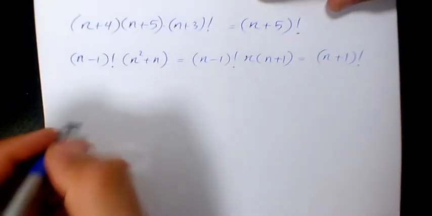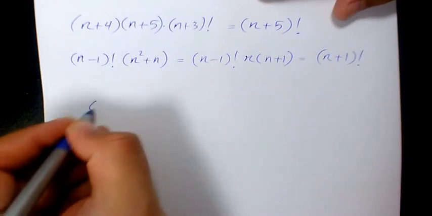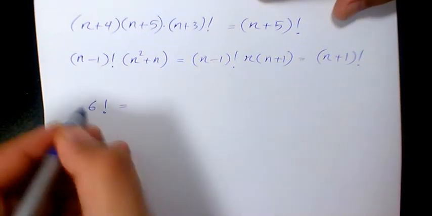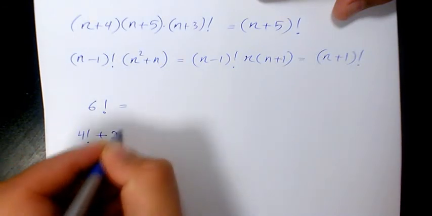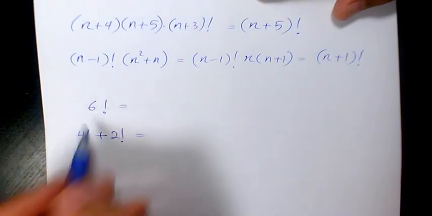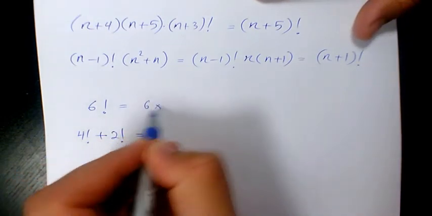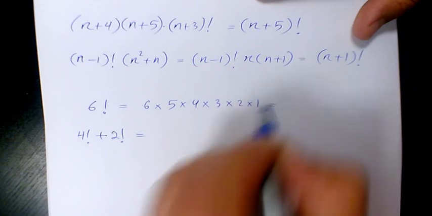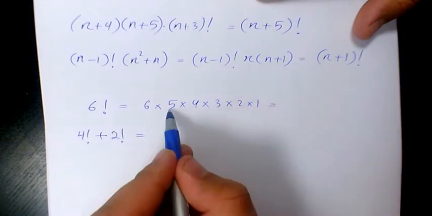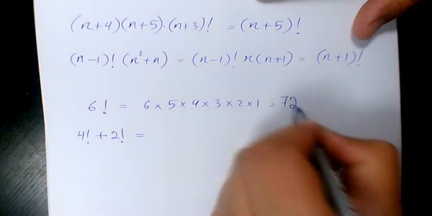Next example that I want to show you, 6 factorial is different from 4 factorial plus 2 factorial. You must know it by now, but 6 factorial is 6 times 5 times 4 times 3 times 2 times 1, which will be 6 times 4, 24, times 5, 120, times 6 is going to be 720.